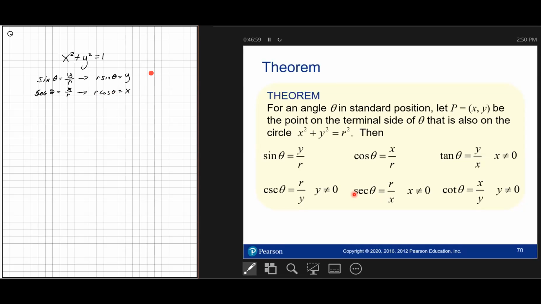the y value is -3, sorry. -3 equals r times the sine of whatever the angle is.